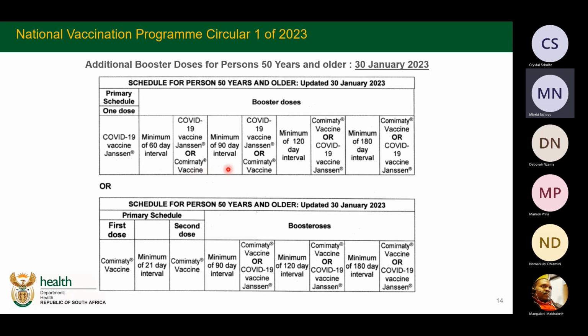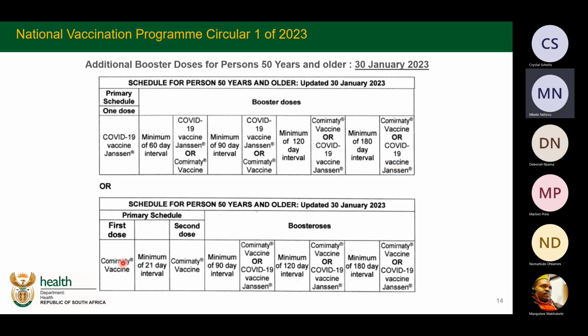And then after 90 days, you're also allowed another second booster. And then after 120 days, for the people aged 50 years and older, they are allowed a dose there. And then after 180 days, they get to receive the 5th dose.